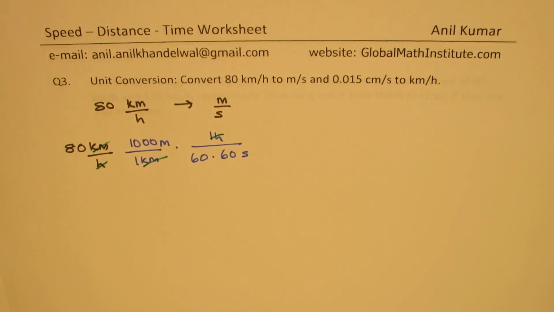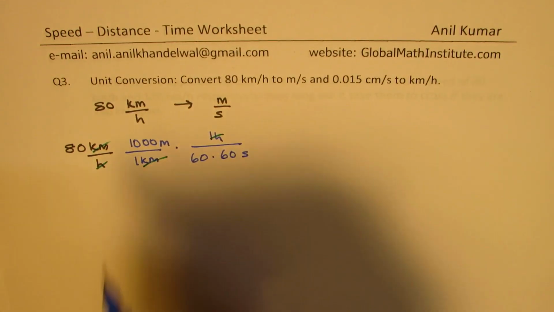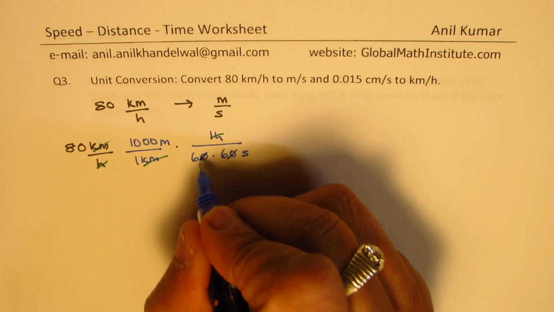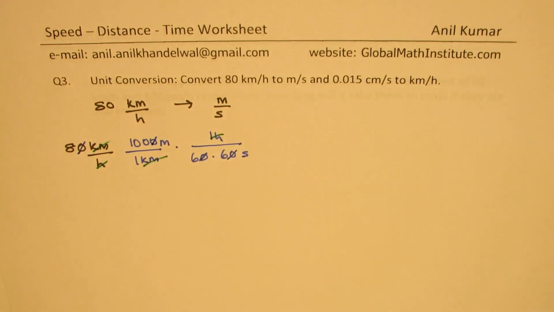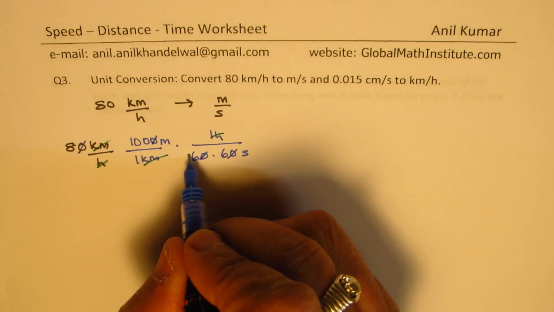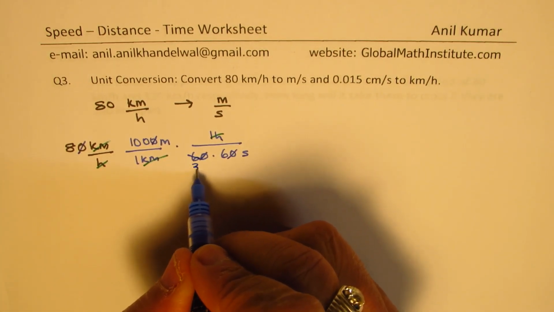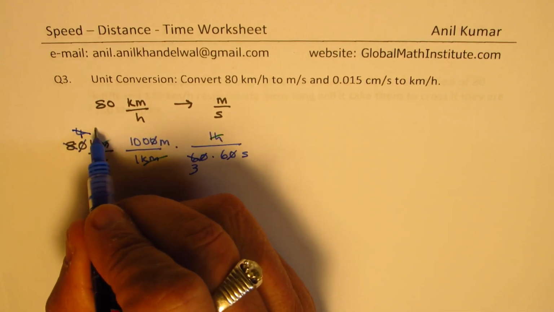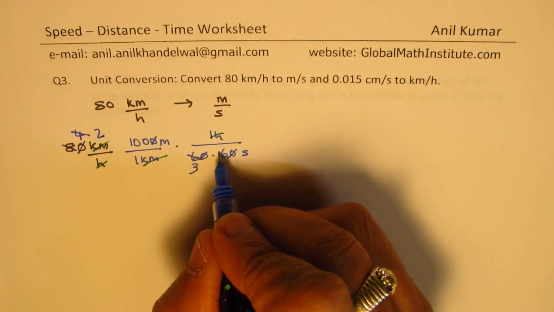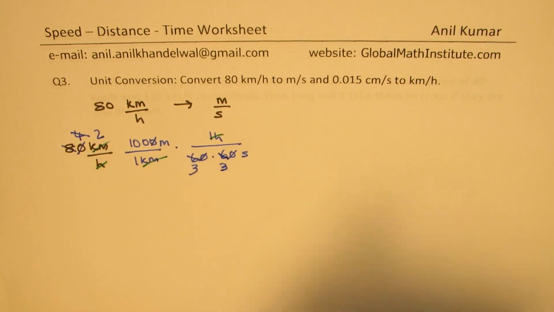Perfect. The numbers, let's cancel whatever we can. So 2 zeros, right? Okay. Now with 6, 2 times 3, that goes 4 times. And this 2 times, and with this goes 3 times. So we get 9, right?